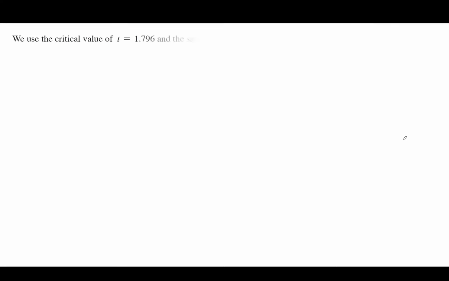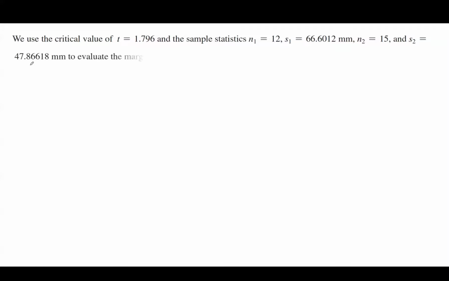As we used the t, which is our critical value of 1.796, the sample statistics: N1 we have 12 members in the first sample, and S1, after doing the calculation, is going to be 66.612. N2 is 15, we have 15 members in the second sample, with standard deviation of the second sample 47.866. We're going to use this to evaluate the margin of error. Remember the formula for the margin of error.